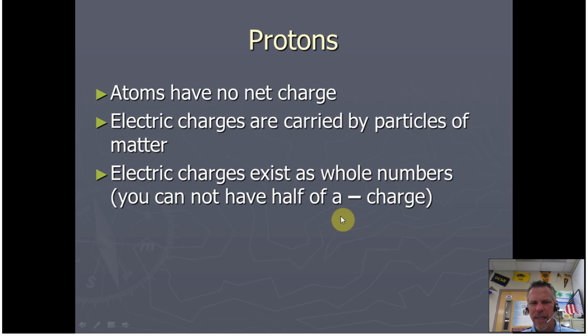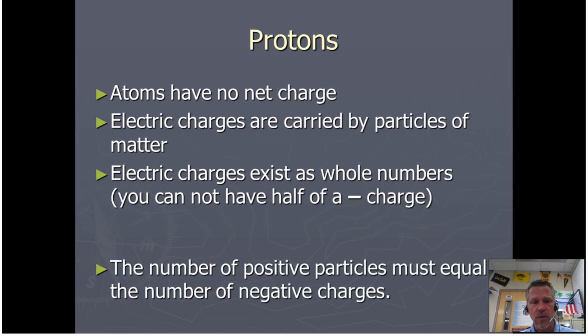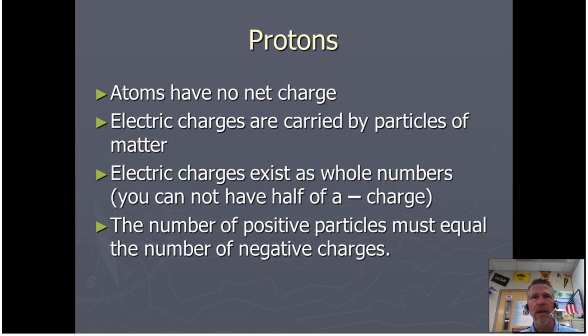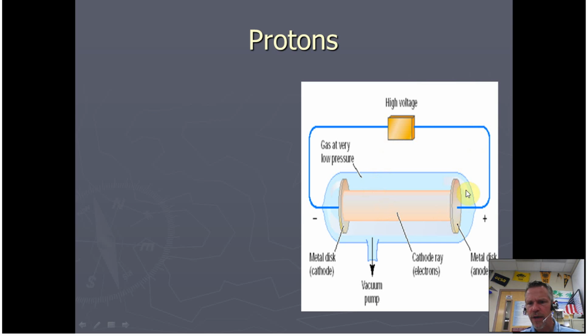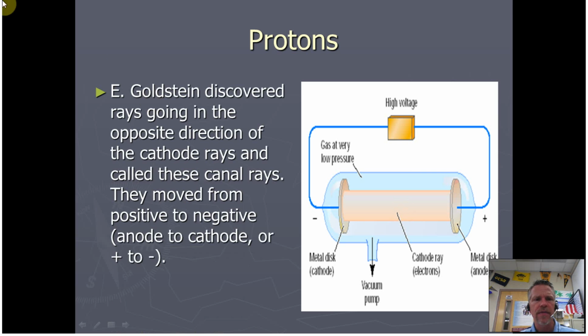Okay, so knowing these things, and based on what Thomson told us about electrons, people realized that there must be something that represented the positively charged entity in the atomic structure, and in fact there must be the same number of positive particles as negative, because the atom is neutral. So using our friendly device, the cathode ray tube, this guy named Goldstein realized that some kind of ray or particle was moving in the opposite direction from what the electrons were doing, as demonstrated by Thomson.